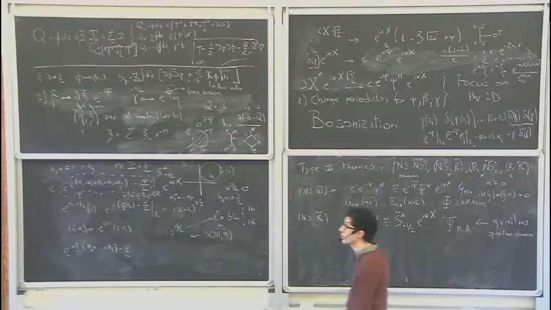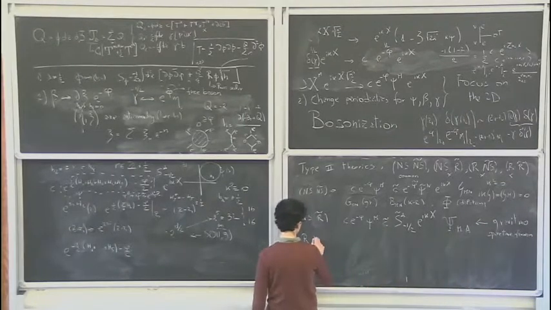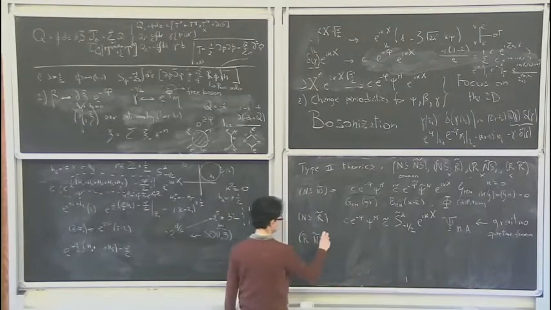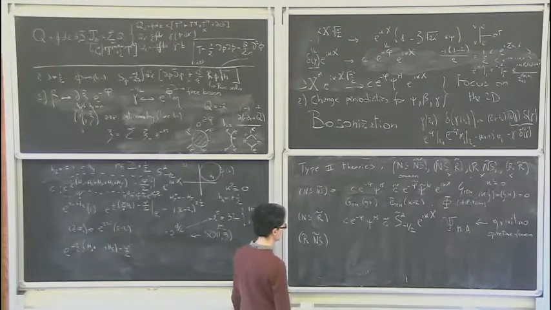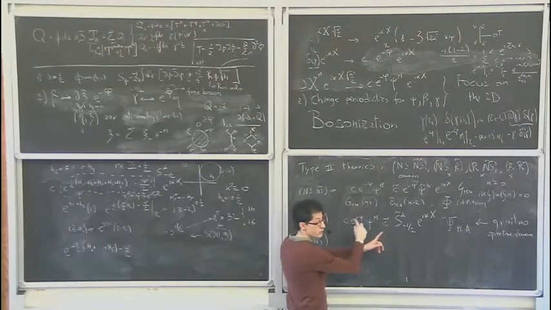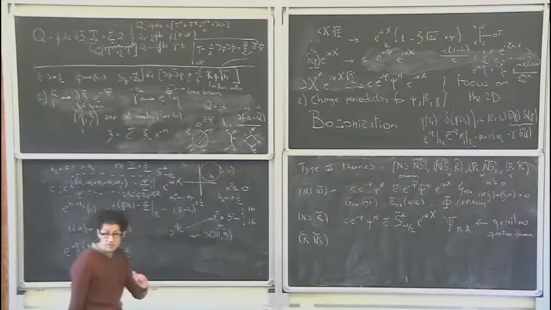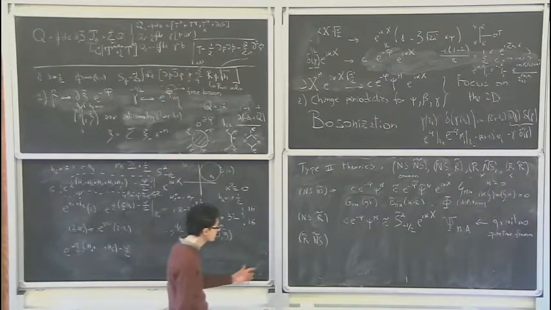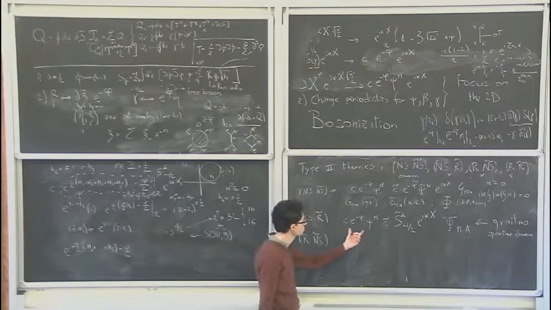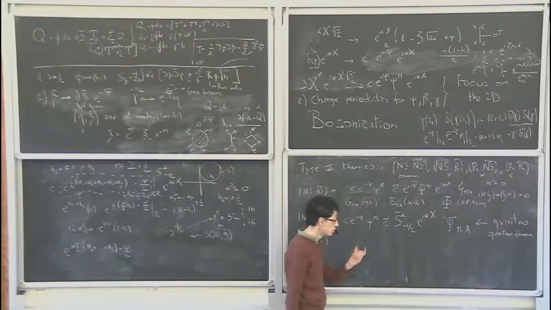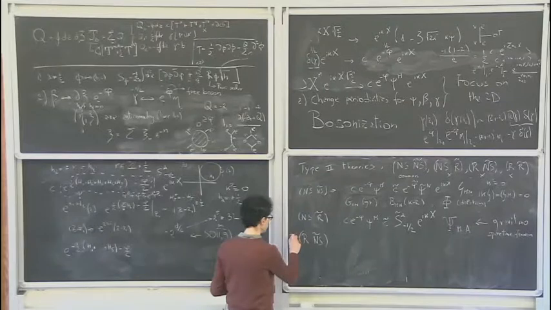You can write the Ramond-Neveu-Schwarz sector. Well, you would just swap these two. If you do that, if you just say that the Ramond-Neveu-Schwarz sector is just swapping these two, then you get the type 2b.